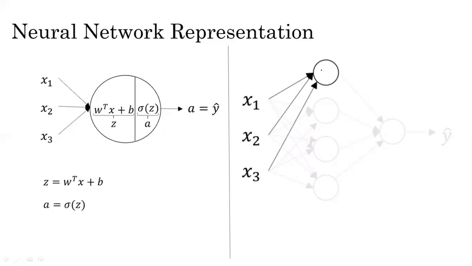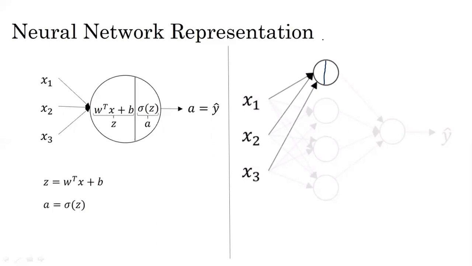We have understood till now that this node computes the output in two parts. The first part finds the value of z, and then supplies the value of z to the sigmoid function. This second part finally outputs the value of a, or the predicted outcome according to this specific node.